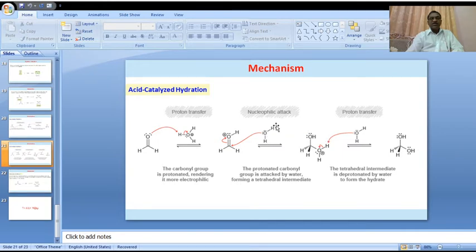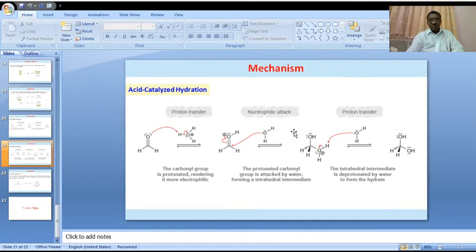In this water molecule, the oxygen pair of electrons acts as a nucleophile. This pair of electrons bonds with the carbonyl carbon, and the carbonyl oxygen positive charge is neutralized with the pi bond electrons. On the other side, this water molecule attacks the carbonyl carbon.